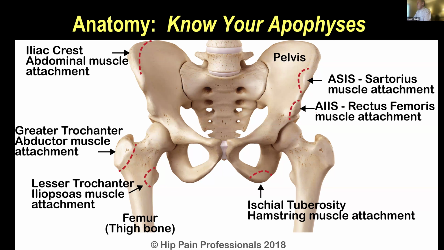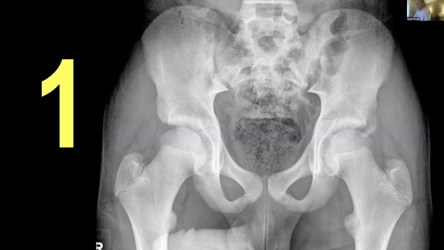And so it's good, for example, to know the anterior inferior iliac spine is a place where avulsions occur. That is the origin of the rectus femoris. The anterior superior iliac spine, the origin of the sartorius, and of course the ischial tuberosity, the origin of the hamstrings.